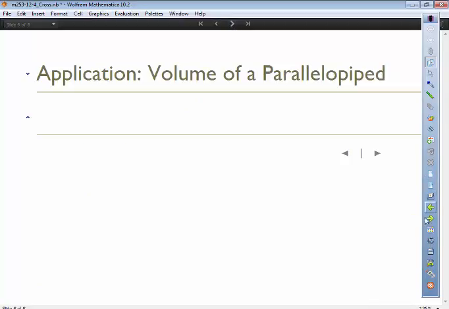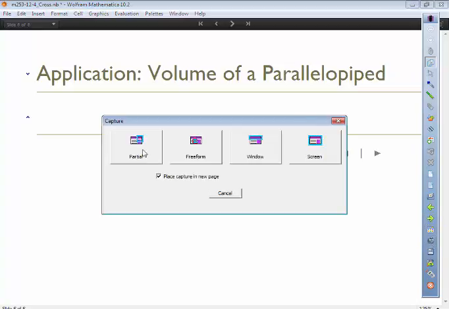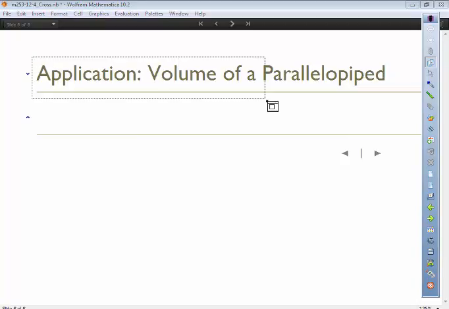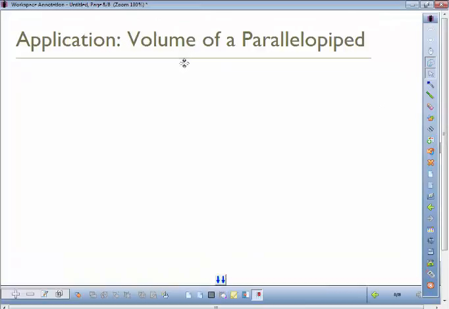Parallelepiped. Do you guys know what a parallelepiped is? Sounds like a parallelogram that's been swept.